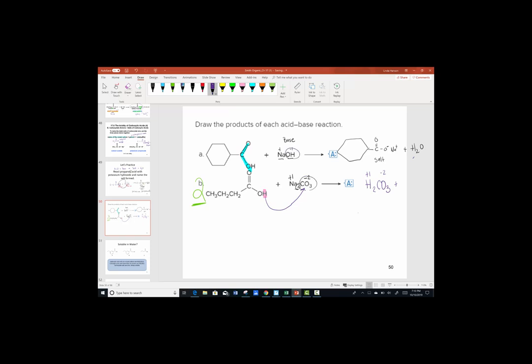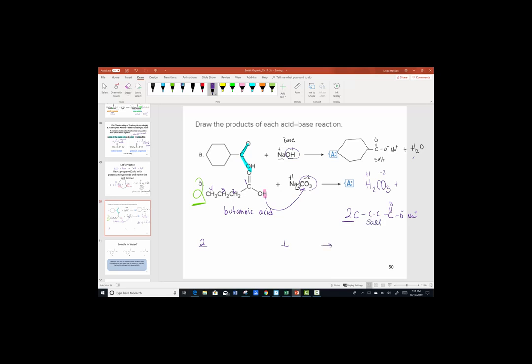And so now when I count 1, 2, 3, 4, 1, 2, 3, 4, this would be called butanoic acid. This O has an Na, but I still have to remind you that there's 2 of them to balance the equation. So the coefficient of 2 to 1 forms the way that I have it here.